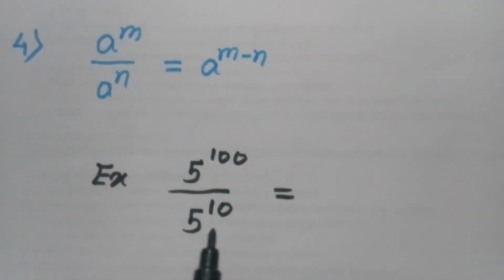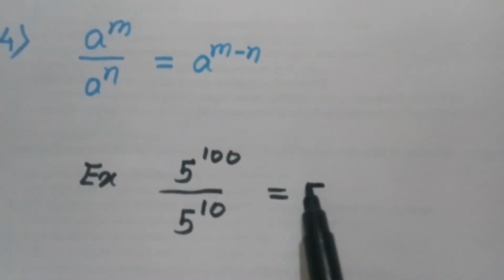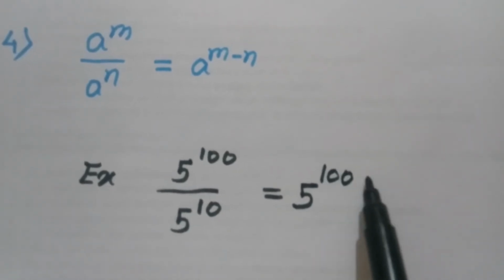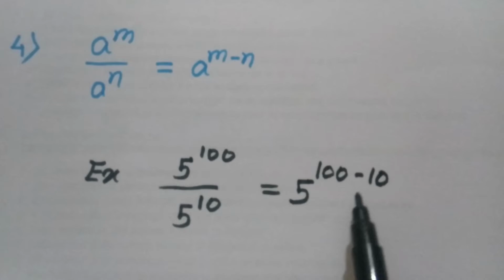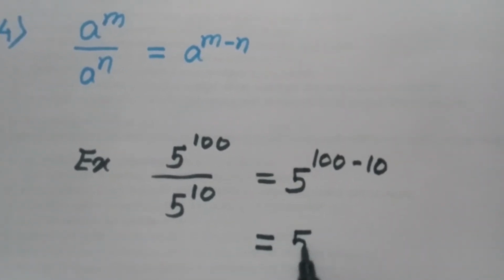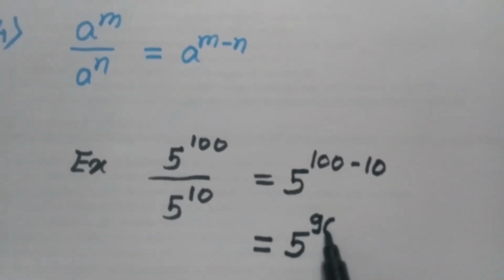Now we see an example. Here 5 raised to the power 100 divided by 5 raised to the power 10. If we subtract the powers, then we get 100 minus 10. So the power of 5 is 5 raised to the power 90. This is our simplified answer.